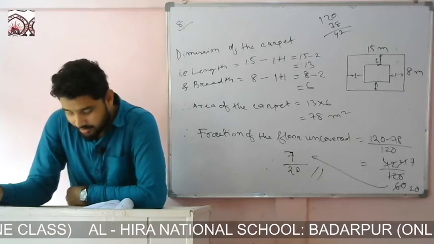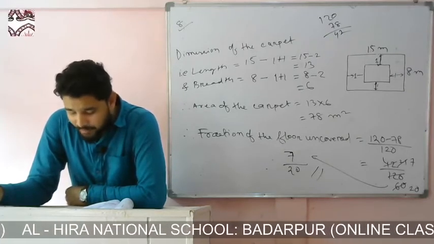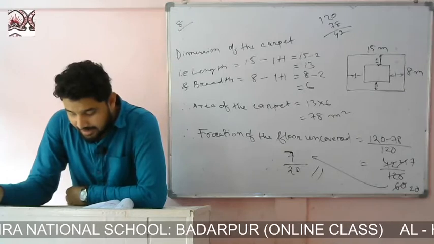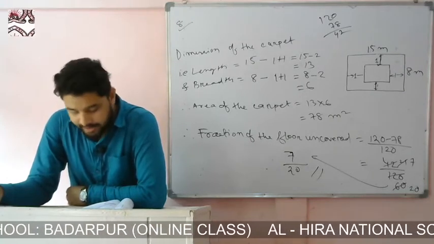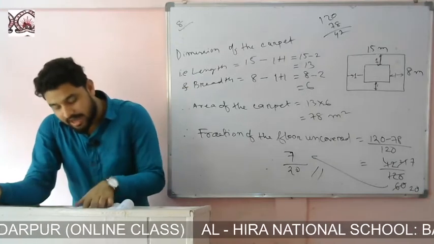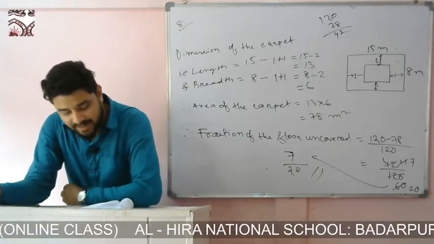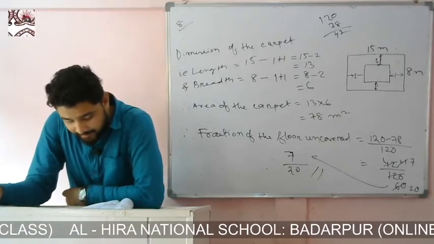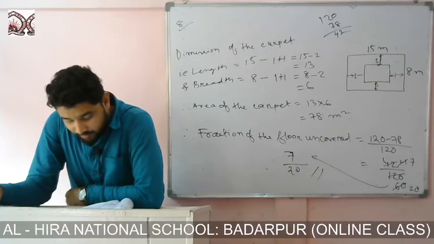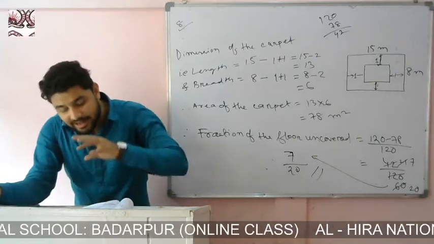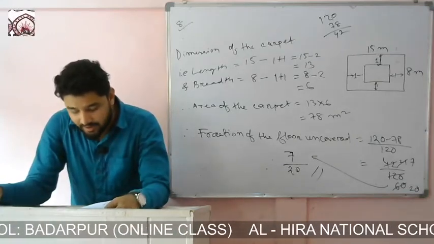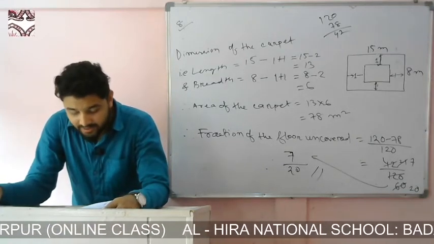Okay, a path 1.5 meter wide running all around the outside of the park. Okay, you see the figure, you see here a width of 1.5 meter is running outside of the park. And the area of this path is given what? 594 meters square.